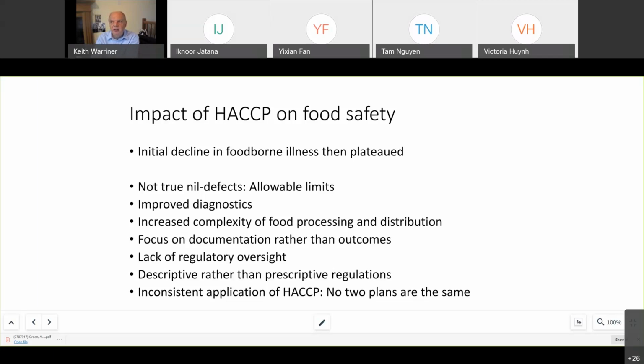If you ask somebody on the shop floor, have you seen the HACCP plan? They say no, because it was all in nice binders and folders in an office somewhere, ready for the auditor. When we come to Excel Foods, and we've got many more examples, they basically had a nice HACCP plan, but they never applied it for the simple reason they just let the staff do what they wanted to do. Excel Foods was a good example of that.